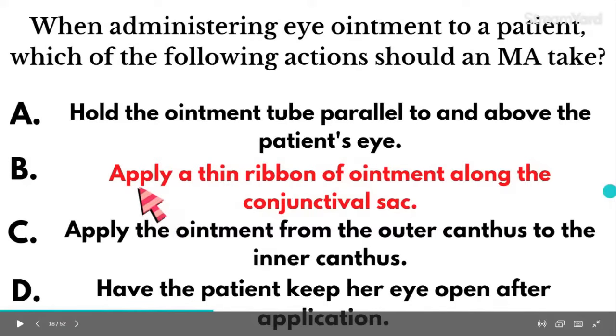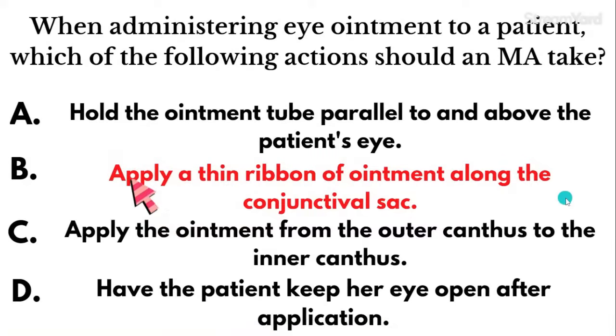Some of these options, I want you all to think about this too. When you're taking this test, really look at options that you can automatically rule out, right? This may have been one of those that you can look at and say, okay, I know for sure that's not it, because you may know just from putting ointment on your own eye.